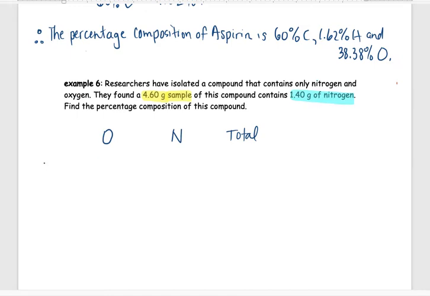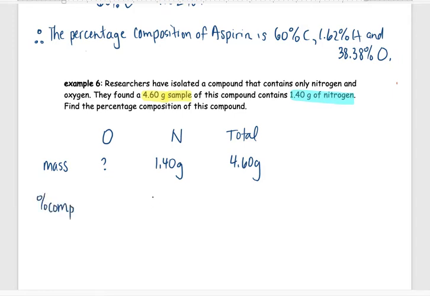Okay, so right now we don't know the mass of oxygen, right? That's a question mark, but we do know it's 1.4 grams of nitrogen and 4.6 grams total. So regardless of however many nitrogens to oxygens there are, we should be able to come up with a fraction, and therefore a percent. So here we'll do the percent composition in this next step.